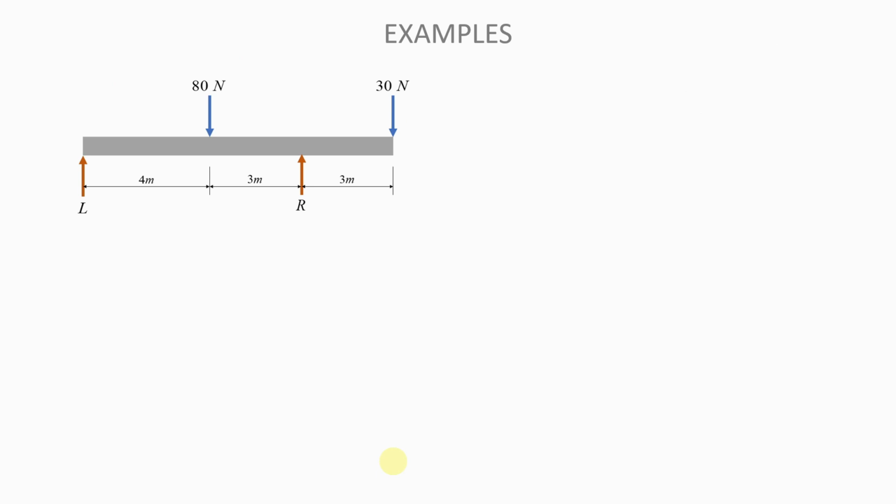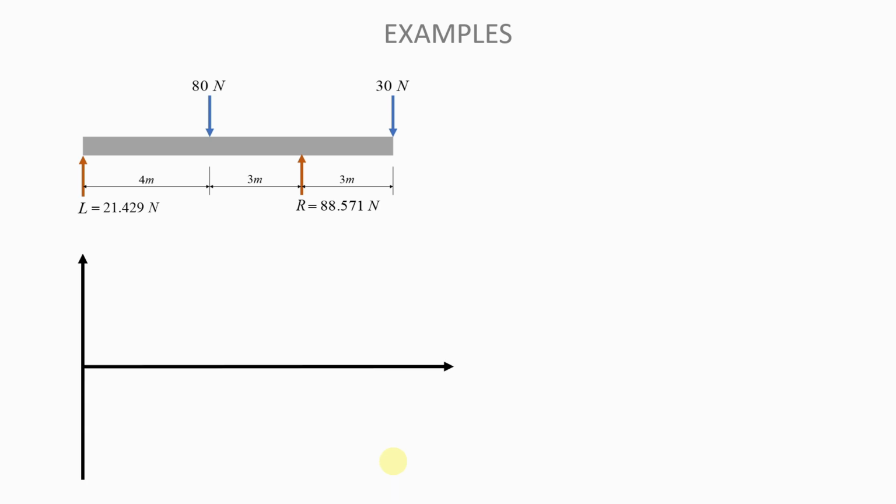Now let us look at the bending moment diagram. Again, we have our reactions, as you can see, we calculated them earlier. Now we have to draw the bending moment diagram. Again, we will have our horizontal axis and vertical axis. As I said earlier, the horizontal axis is the length across the beam.